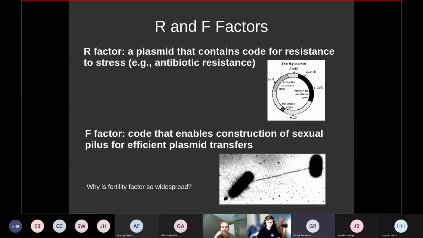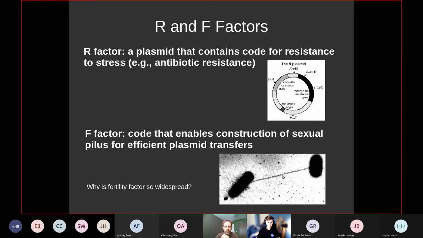Okay, and it increases the chance of that spreading. And so if you've got the fertility factor, you could also pass that on. So let's say that this is the F positive down here on the left. It grows this pilus over, conjugates with an F negative, and it sends a plasmid. On that plasmid could be the R factor of interest at that time, so resistance to some antibiotic, but it could also be the F factor itself, because this tube is just made out of proteins and such.